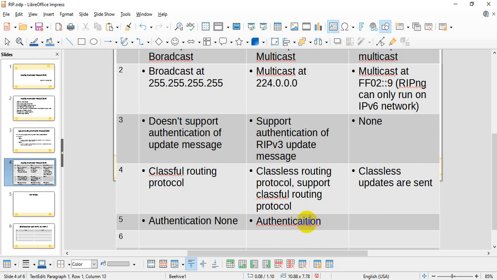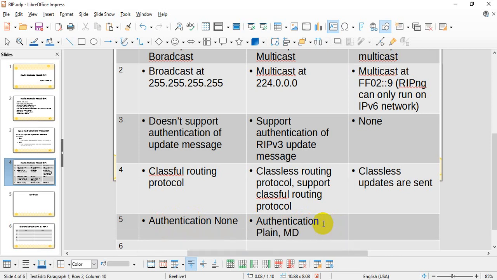What are the authentications supported by RIP version 2?